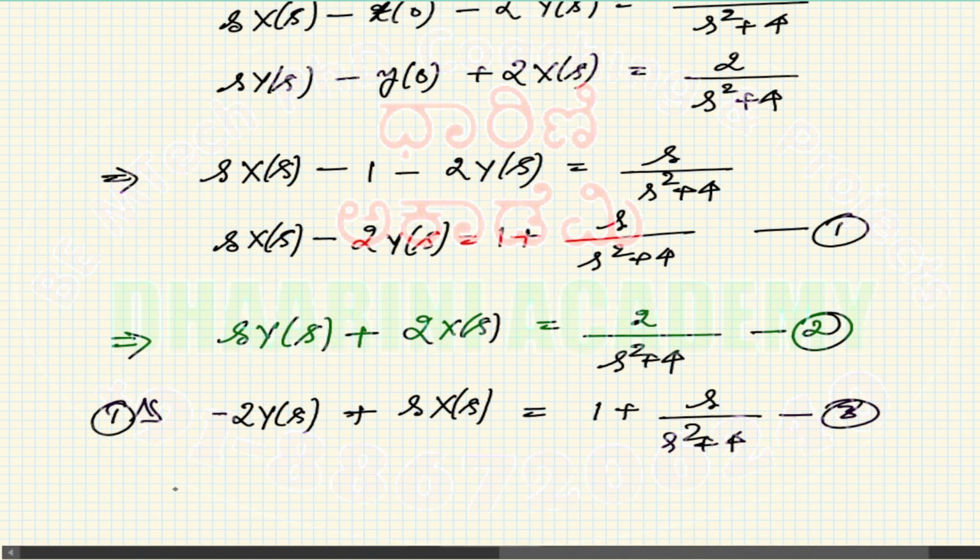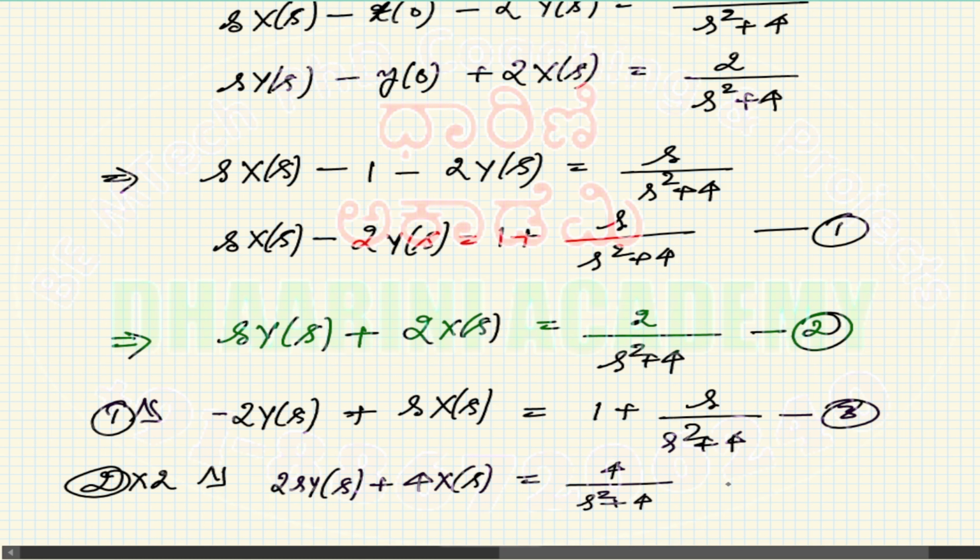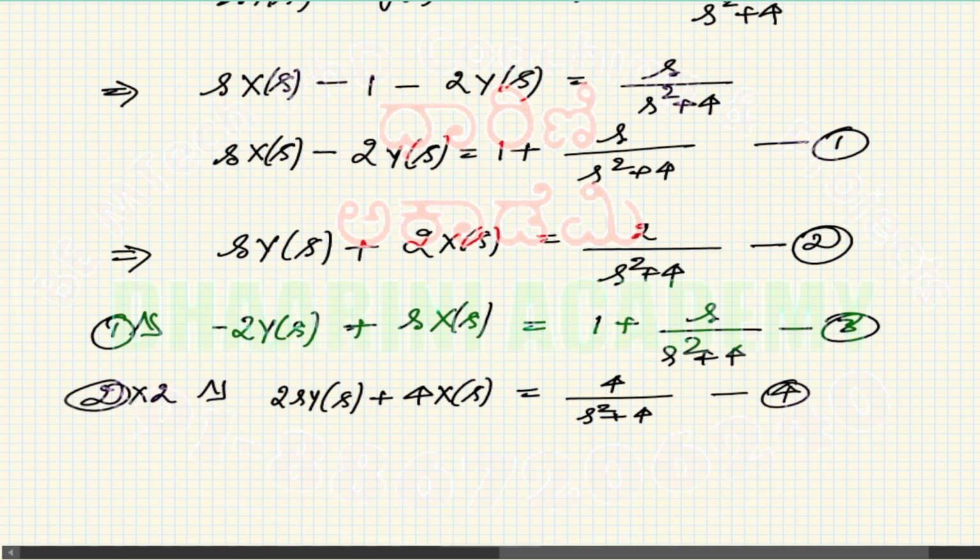So equation number 2 multiplied by 2 gives 2s Y of s plus 4 X of s equals 4 by s square plus 4. I'll call this equation number 4.